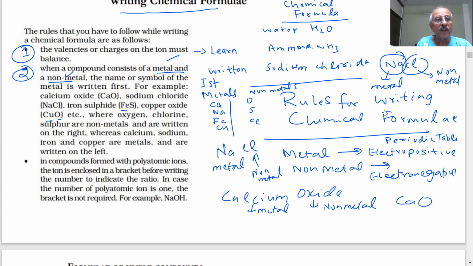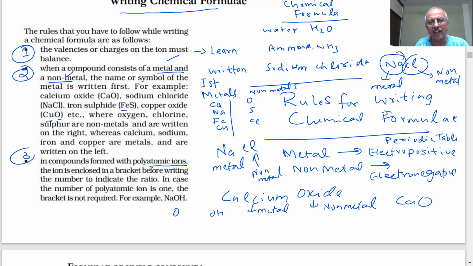What next? Third point. In compounds formed with polyatomic ions. What are polyatomic ions, student? Ions which contain more than one atom. A single atom or more than one atom; more than one becomes polyatomic. So like what we told you, oxygen is a single atom.